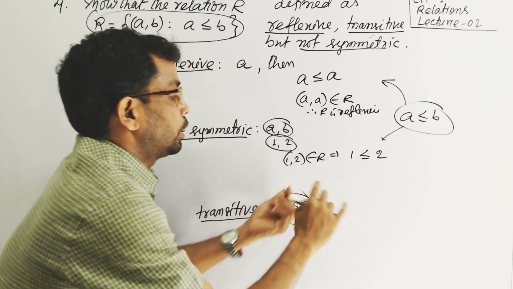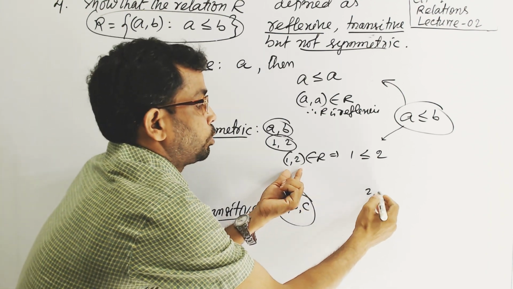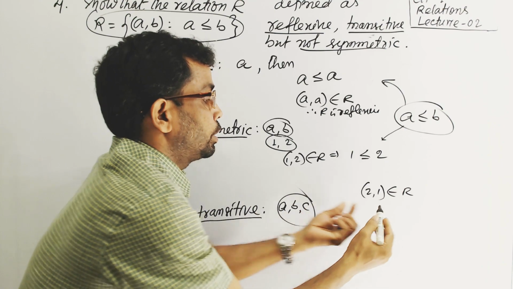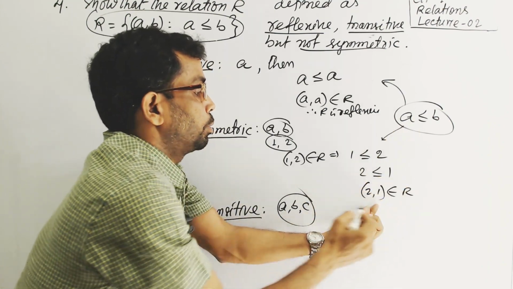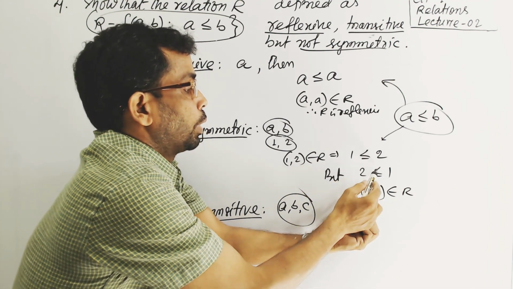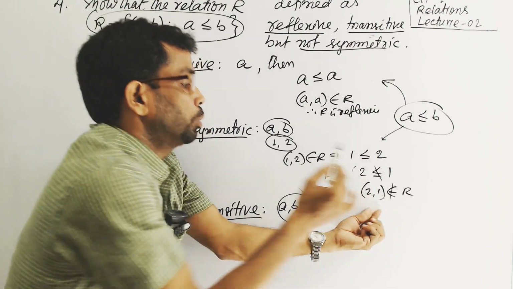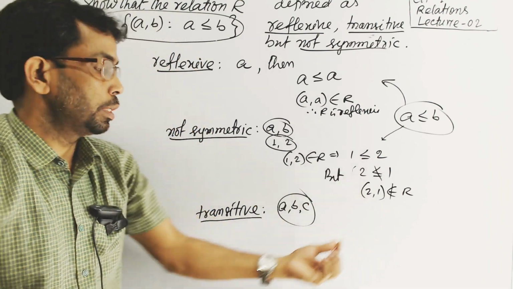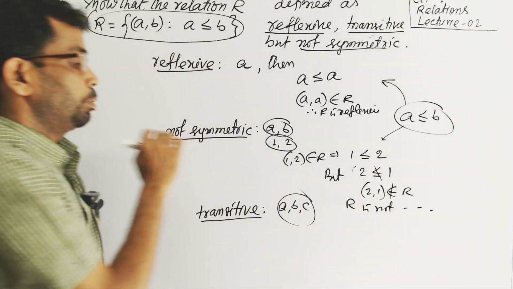If the pair reversing the order, that means (2, 1), belongs to the relation, then 2 and 1 also must satisfy this condition. That means 2 must be less than or equal to 1. But here neither less nor equal is true, so no condition is true. Therefore the pair (2, 1) is not in the relation, and hence the relation is not symmetric.